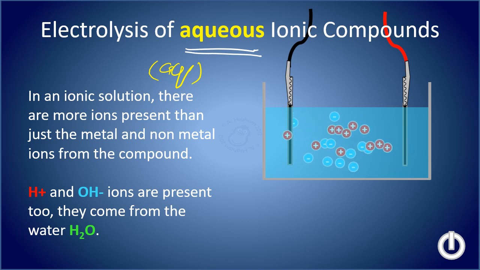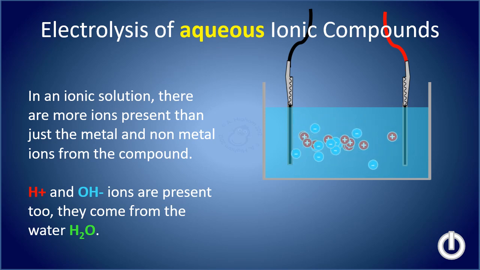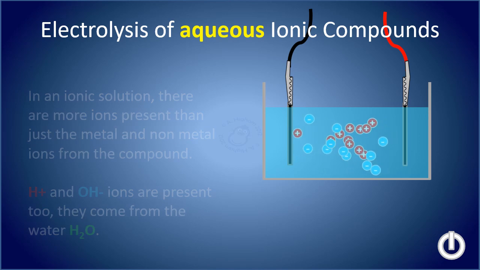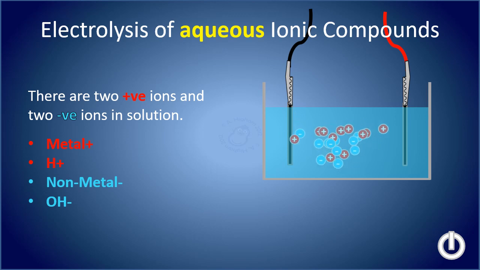So what we would have in solution is the positive metal ions and the negative non-metal ions from the ionic compound, but we've also got H plus ions and OH minus ions from the water, and they will play a significant role in the electrolysis, because all of a sudden, instead of just considering the positive metal ions and the negative non-metal ions, we've got the water ions, the H plus ions and the OH minus ions.